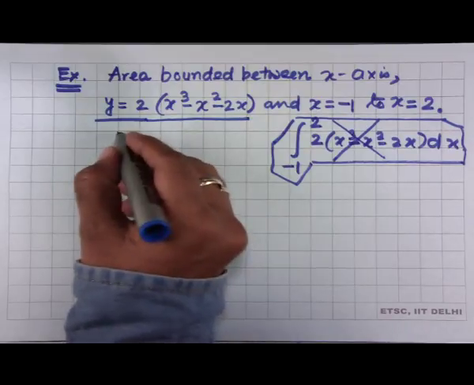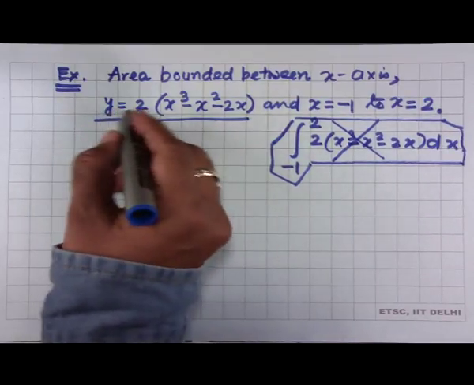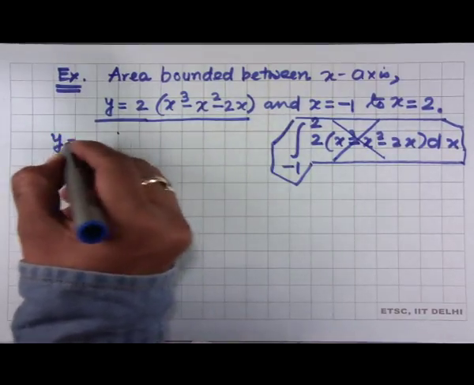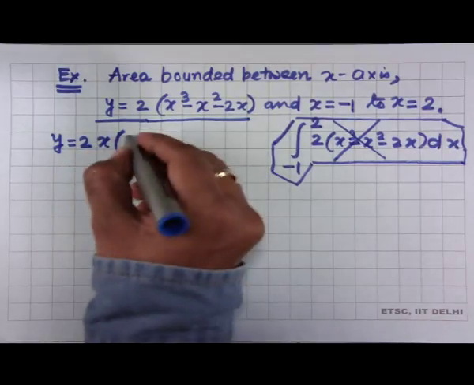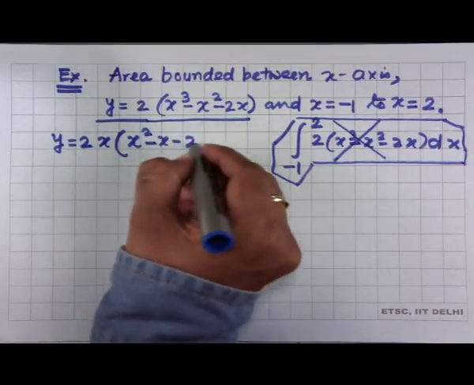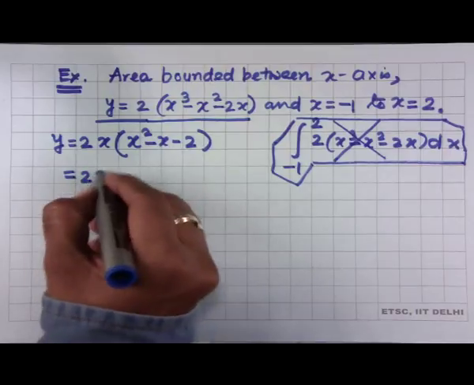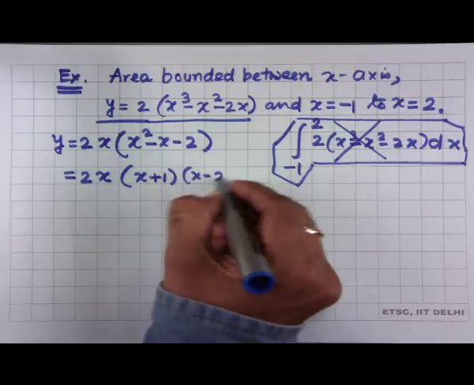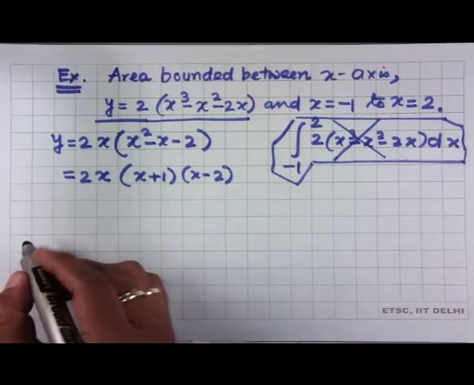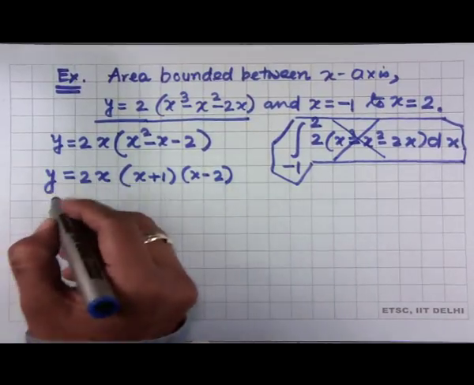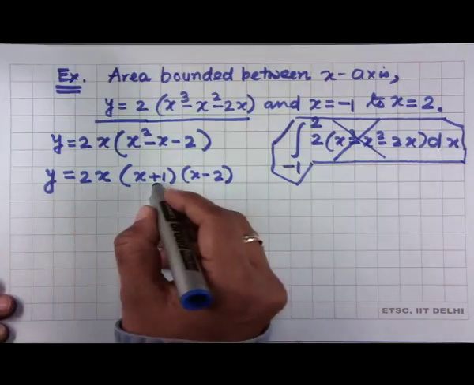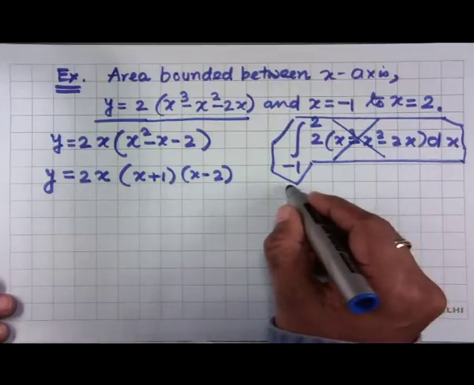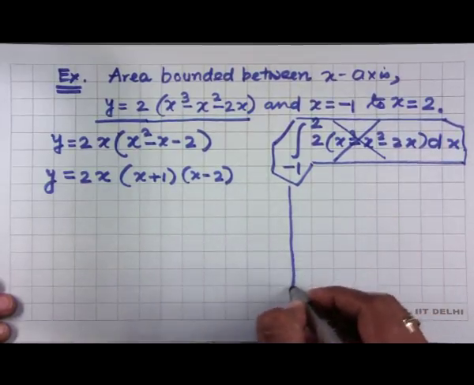So, for that let us try to factor y equals 2x cube minus x square minus 2x. So, you can write this as a product of factors, so you can see that at x equals 0, x equals minus 1 and x equals 2, this curve is crossing the x axis.